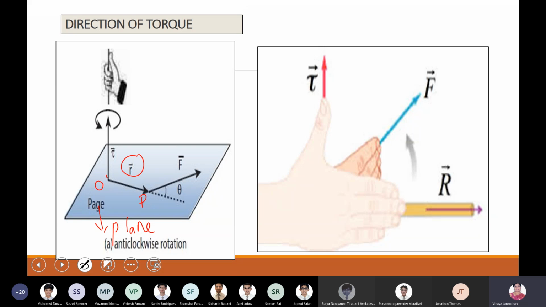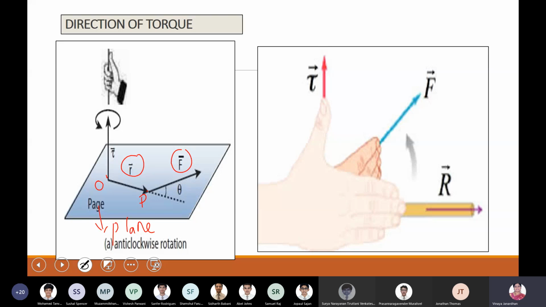The axis of rotation passes through the point O and is perpendicular to the plane. I'm applying a force F on the particle, and the force makes an angle theta with the direction of the position of the particle.